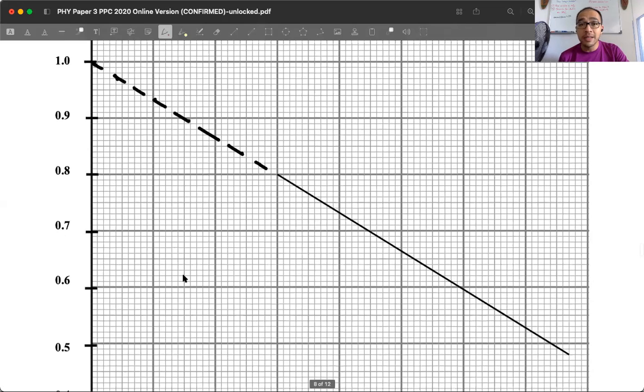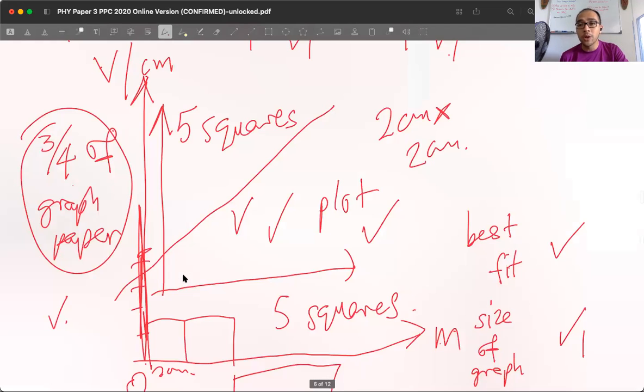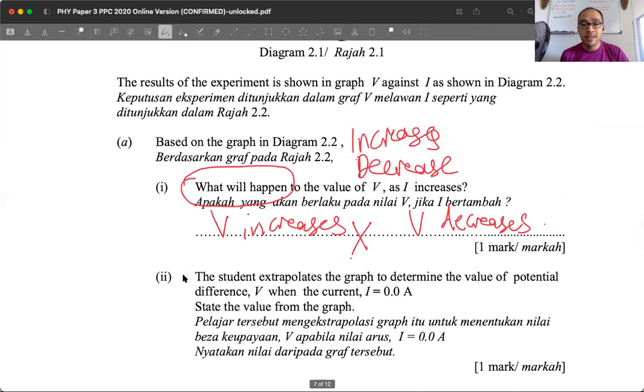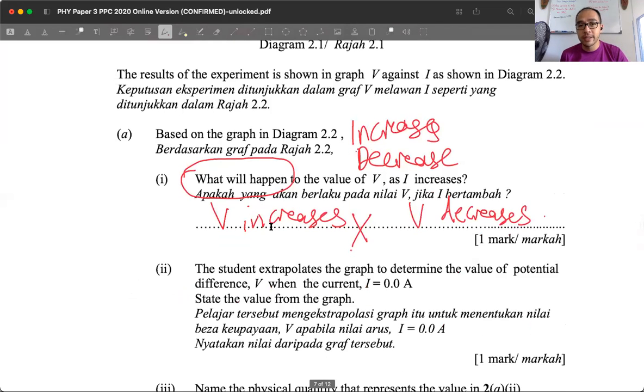And yet, it's not just one or two random people. It's a majority of our students answered here, V increases. It is so ridiculous lah that you can get this wrong. This is a question that you shouldn't get wrong because the answer is so obvious.